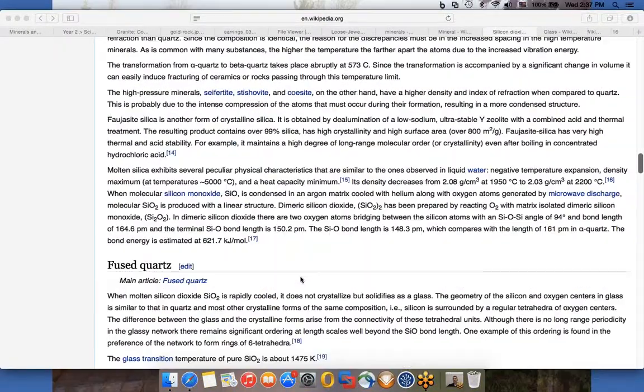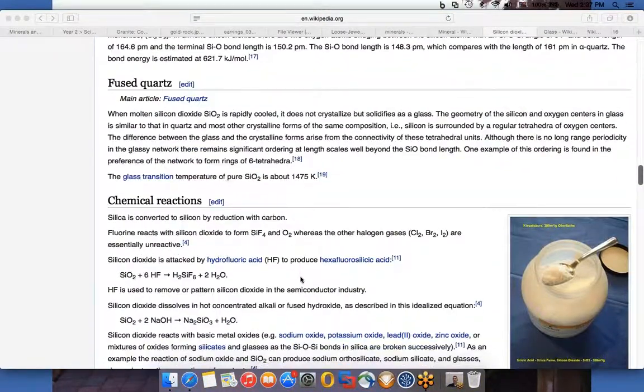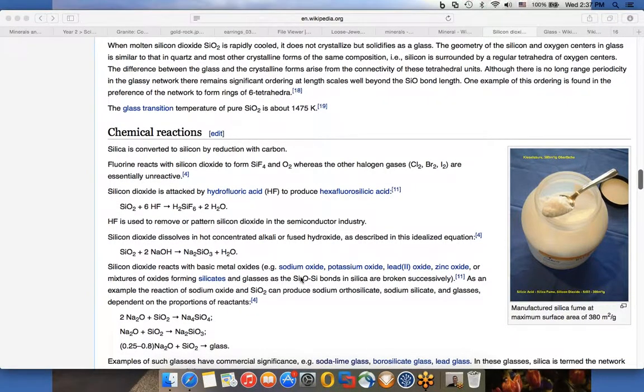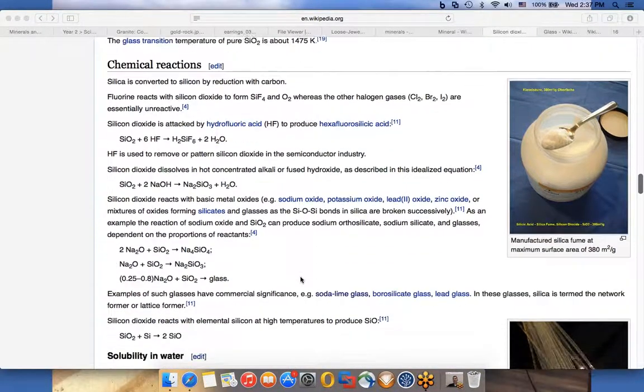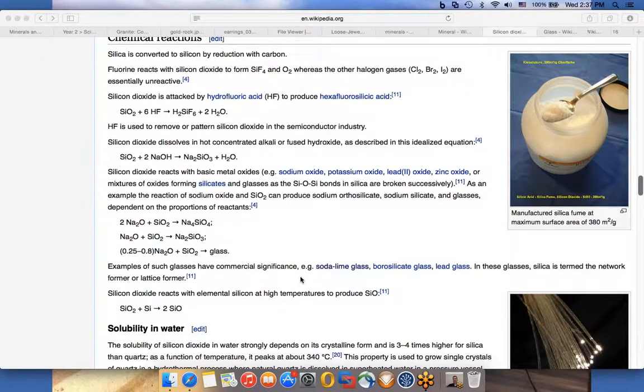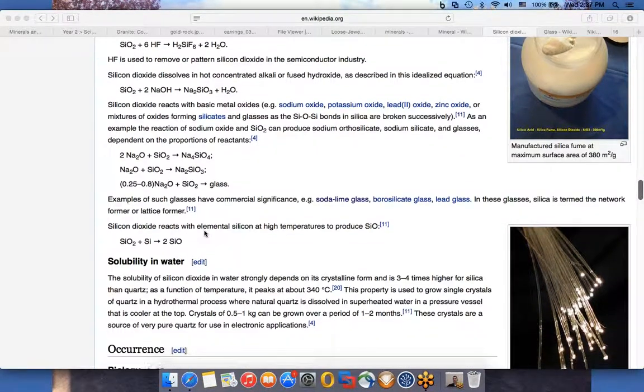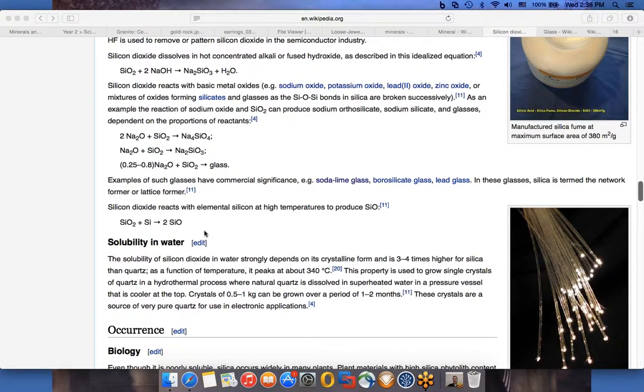And that angle is what makes the different structures for the minerals. So when you add other things to the silicon, you are going to have a reaction and create another mineral. And that is what is shown here, okay? All these minerals that are produced with silica are basically mixes of silica with something else.